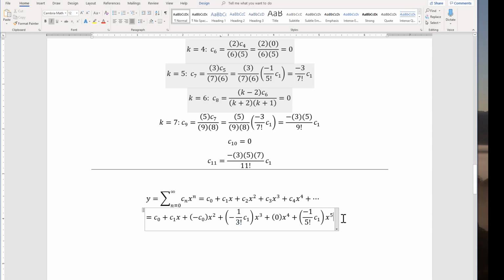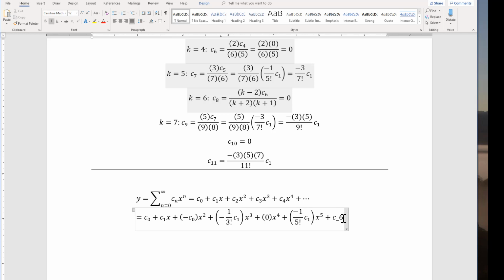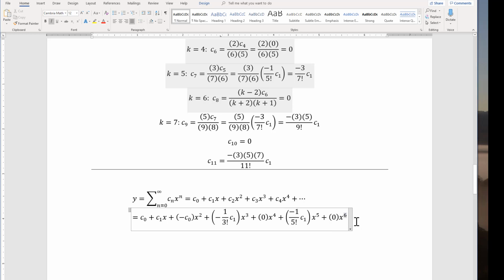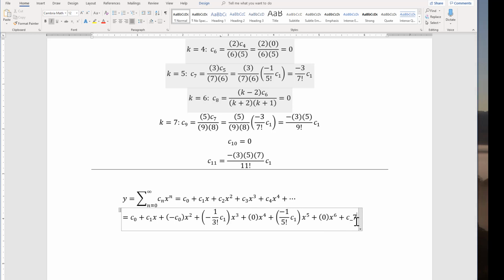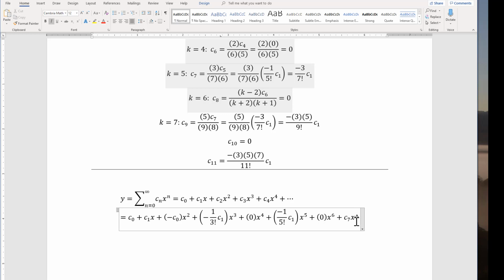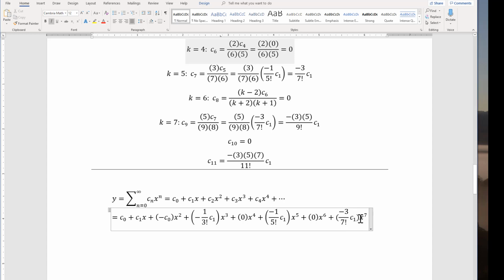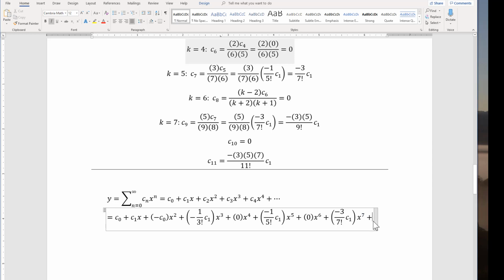C sub 6 was equal to 0, if you remember. Plus C sub 7 x to the 7th, where C sub 7 is equal to this thing. Plus, etc.